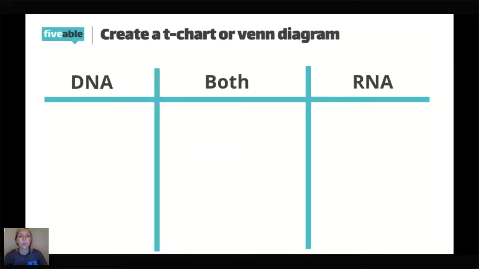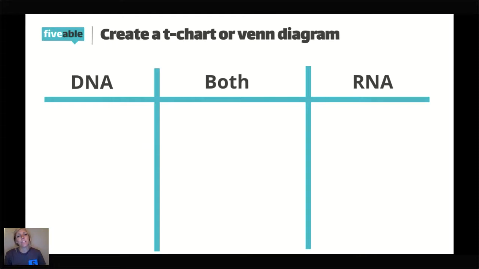If you're taking notes right now, which I hope you do, I think it's really good, if you're watching a screencast like this or live stream, to take notes. I think it's really helpful. So even if you're not, go ahead and make a T-chart or a Venn diagram showing DNA, both, and RNA. If you're more of a Venn diagram person, that's fine. I don't love the Venn diagram because the middle is so small, and sometimes you lose sight of what they have in common when you're comparing 2 things.